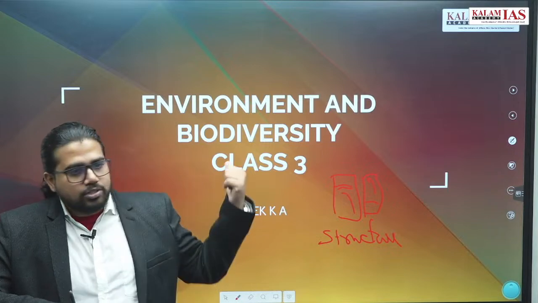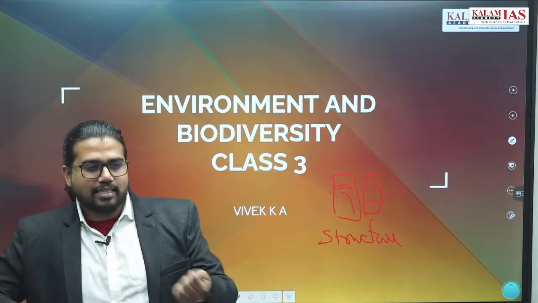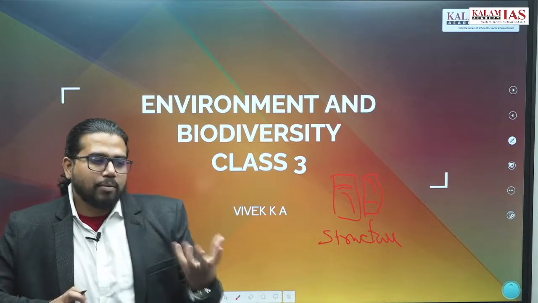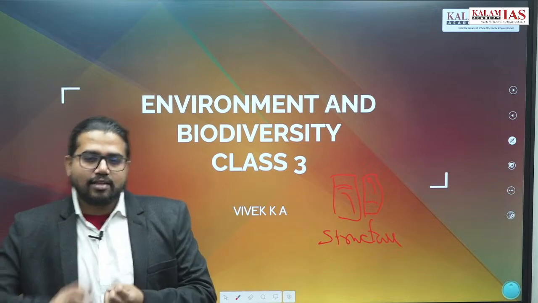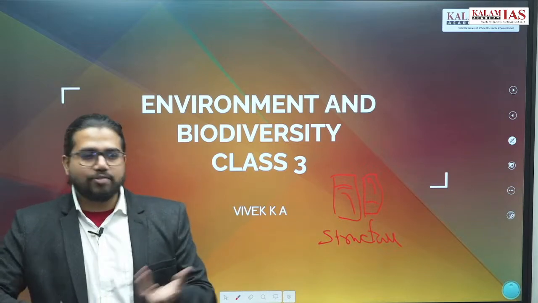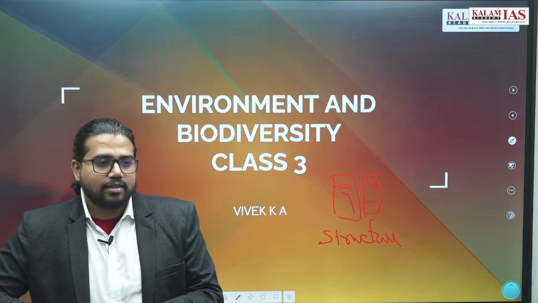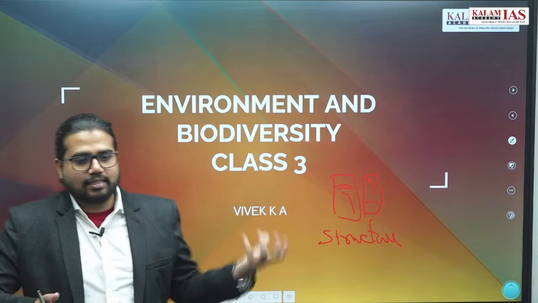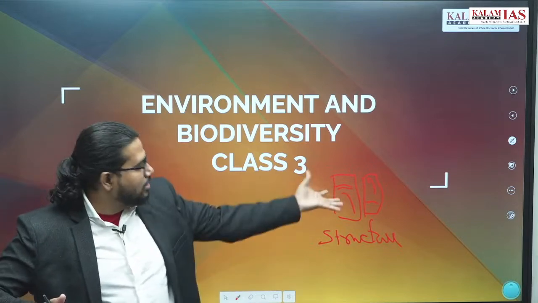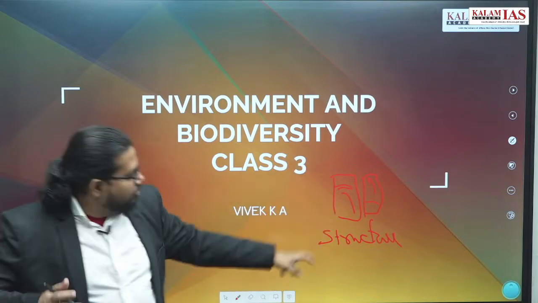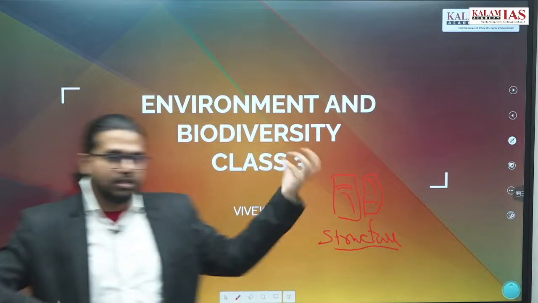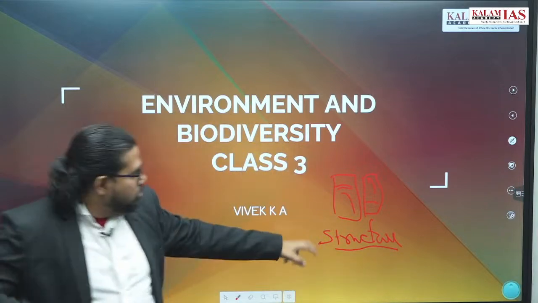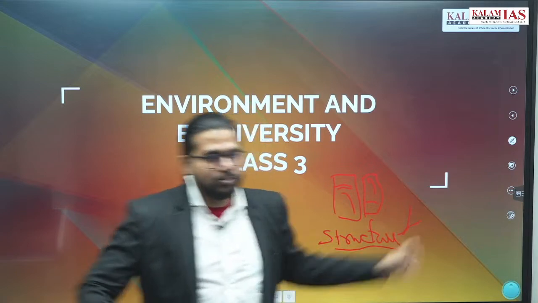Like there was one question on city planning and sustainable development yesterday. If you have an approach for how to think, then multidimensional points can come. Otherwise you may forget the migration point and focus more on infrastructure. That bias will be there in answers. To avoid that and to generate 4 or 5 very quality points, we are trying to give some structure to point generation. Here also we have discussed 7-8 methods.